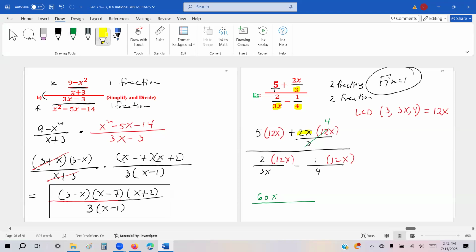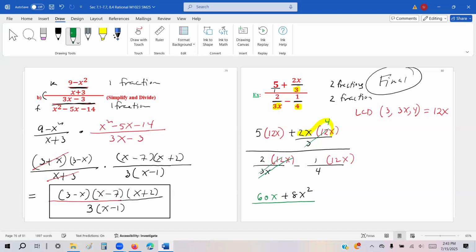But look, what do we have? 2, 4, and x. So we have 8x squared. Eliza. 12 divided by 3. 3 goes to 12 how many times? 4 times. And here we have x divided by x, so they cancel out. And 3 goes to 12, 4 times. So we cancel this denominator. x cancels out.